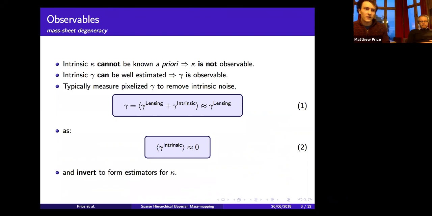Now the problem is, sometimes people are interested in calculating statistics on the convergence map, but because of the mass sheet degeneracy, we can't actually observe that. So typically people will make observations of the shearing field and invert them to get estimators for the convergence.